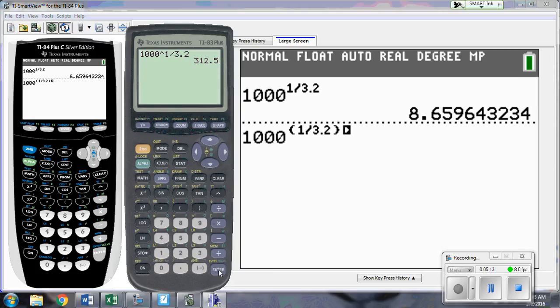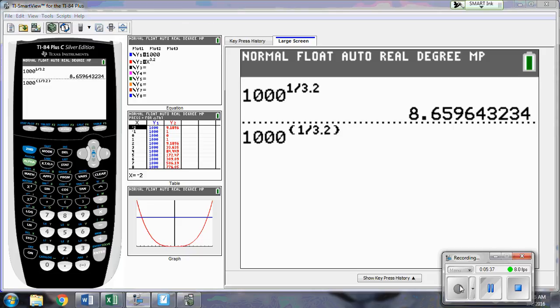To make certain that the reciprocal is kept inside the exponent, you will need to insert parentheses around the exponent to make certain that it turns out the same. Obviously, I'm using this to say, know your calculator and make certain that you can actually use it correctly.